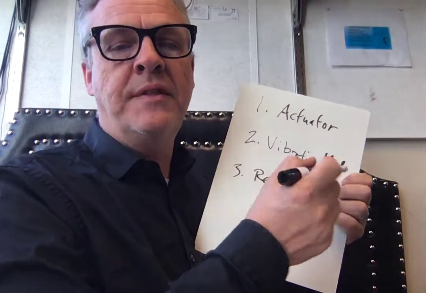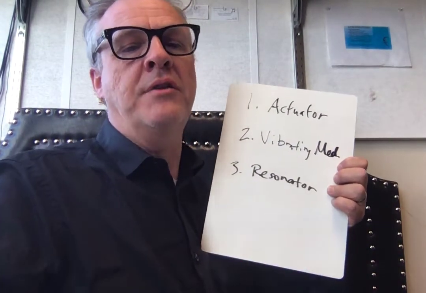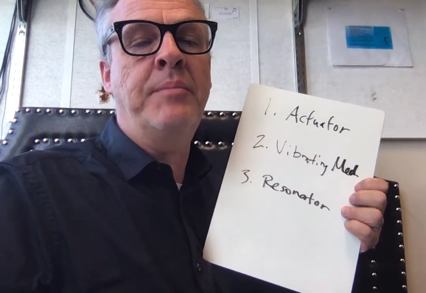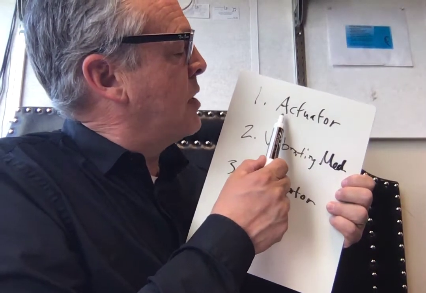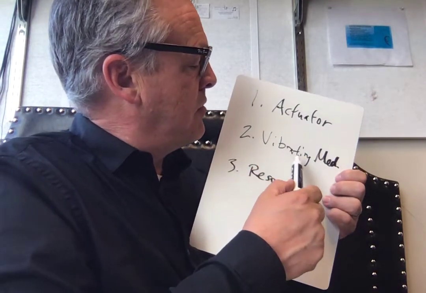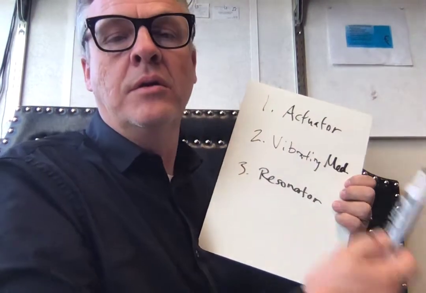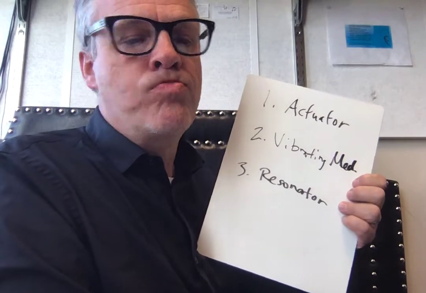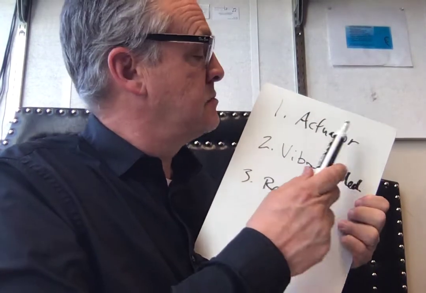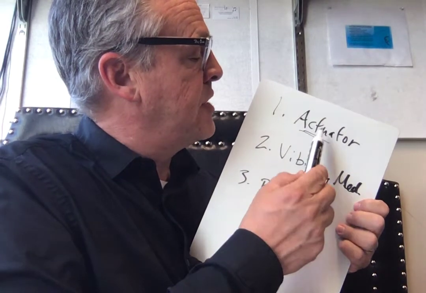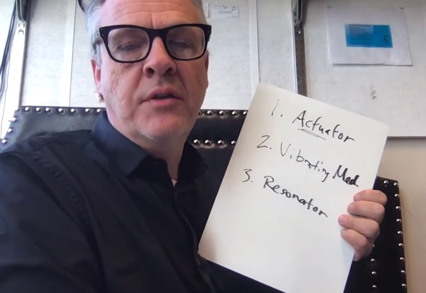So, and these are interesting to think about in terms of extended techniques, what's happening. When we're doing extended techniques, are we altering the actuator, the vibrating medium, or the resonator? We can alter any of these things. Maybe this is the most common thing to change. I don't know.